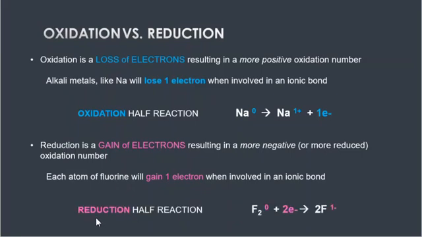Upon writing its half reaction, you will see that there are 2 atoms within the molecule of fluorine. Each of those atoms will gain 1 electron. So that's why there are 2 electrons written out here on the reactant side. The resulting product of that gain will be 2 fluoride ions.